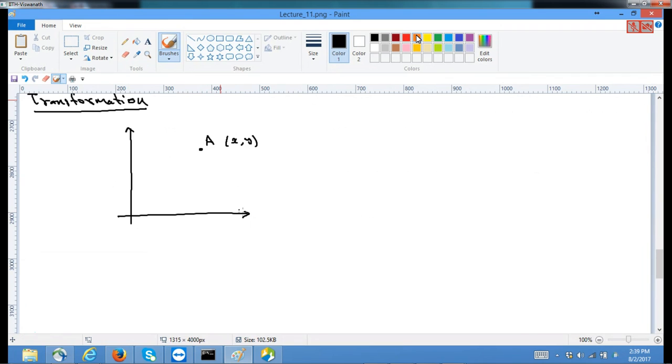Now let me define another coordinate system, which I will call x bar and y bar.